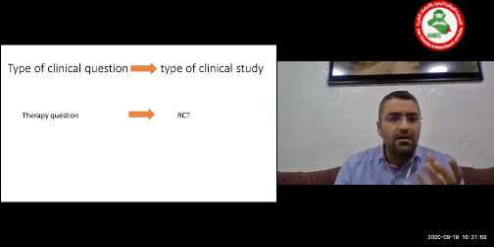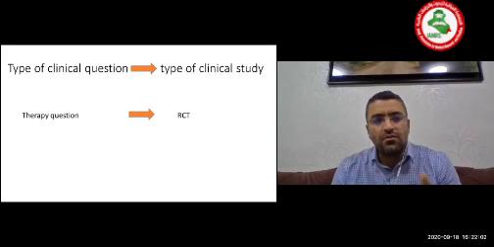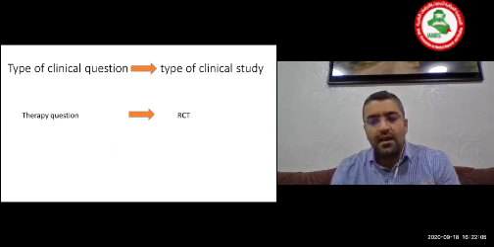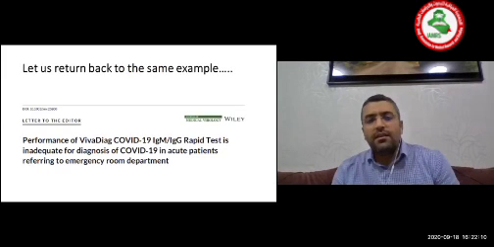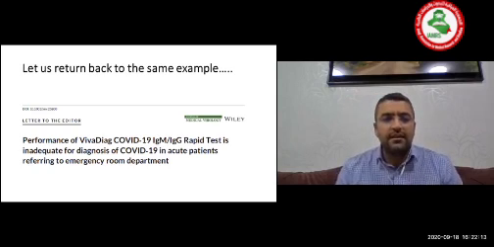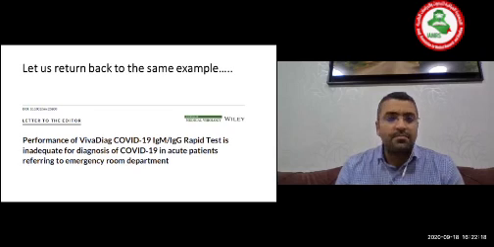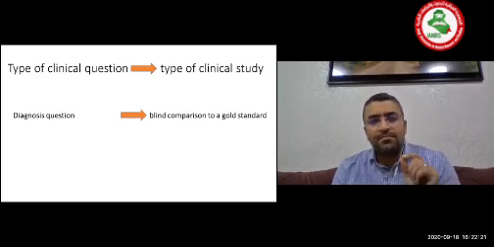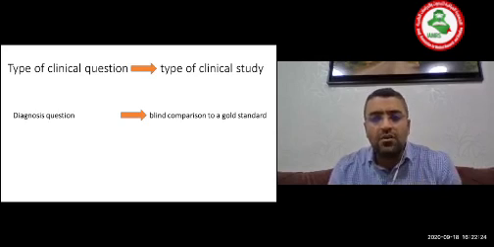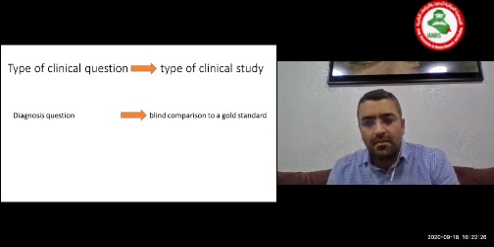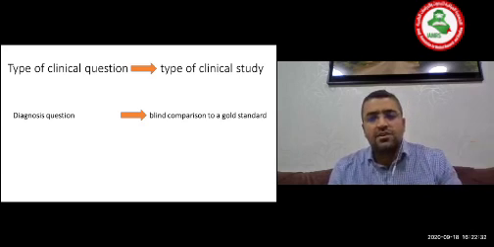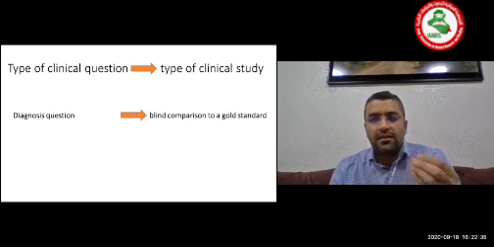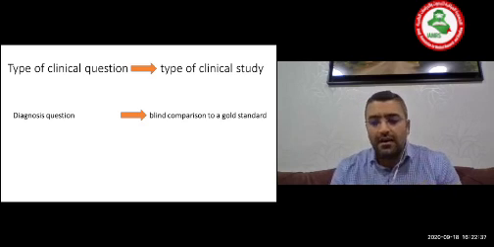So the best type of study here would be a randomized controlled trial, and this is what the researchers in this study actually did. While the second example, about the COVID-19 rapid test, is very clearly a diagnosis type of clinical question, and therefore the best type of study would be a blind comparison to a gold standard, and this is what has been done. They blindly compared COVID-19 IgM, IgG to the gold standard test, that is the real-time PCR.